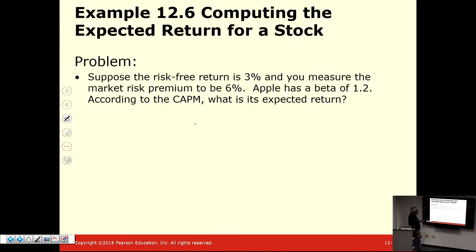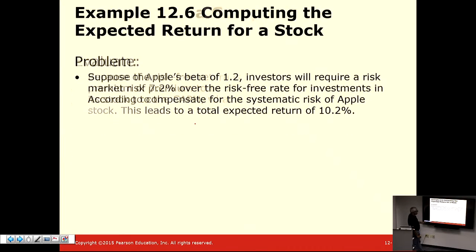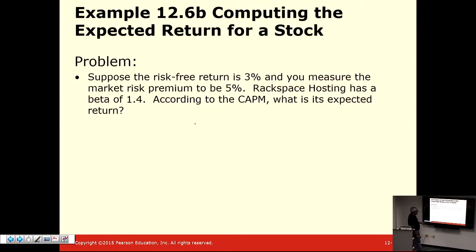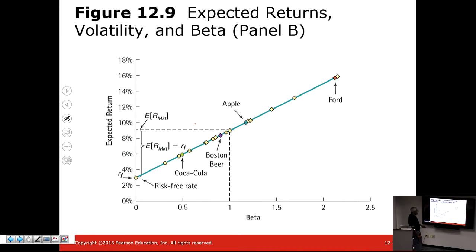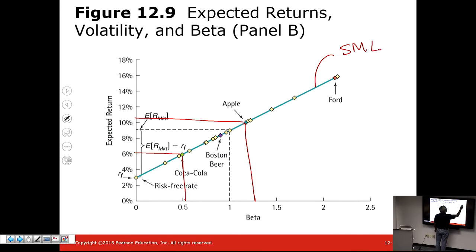So that situation is described over here. So here I have beta for Coke, expected return for Coke. Beta for Apple, expected return for Apple. So this blue line is called the security market line, and this blue line is essentially measuring this.